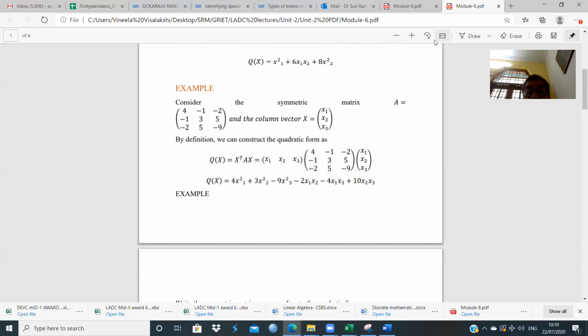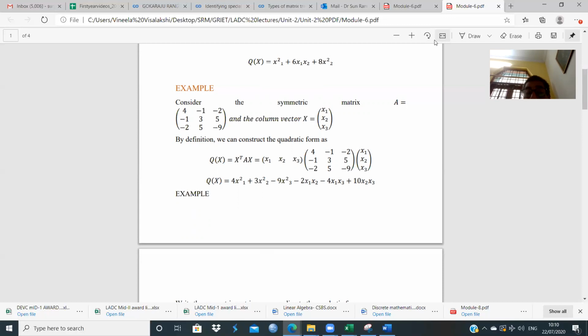Again, we compute Q of x is equal to X transpose A X. That is the row vector x1, x2, x3 multiplied by the symmetric matrix multiplied by the column vector x1, x2, x3. So Q of x gives us 4x1 squared plus 3x2 squared minus 9x3 squared minus 2x1x2 minus 4x1x3 plus 10x2x3.